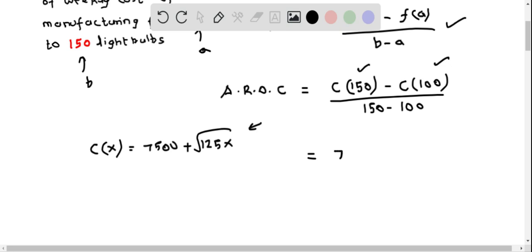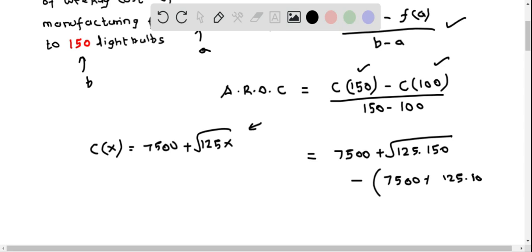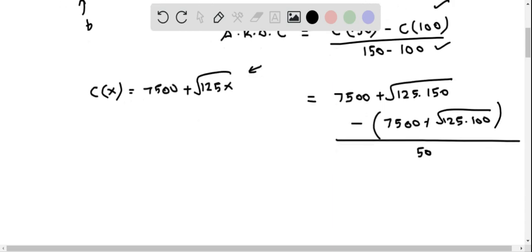So it becomes 7500 plus 125 times the square root of 150, minus, we now find C of 100. So I put a bracket, that is 7500 plus 125 times the square root of 100, divided by 150 minus 100, which is 50. Let's simplify this.